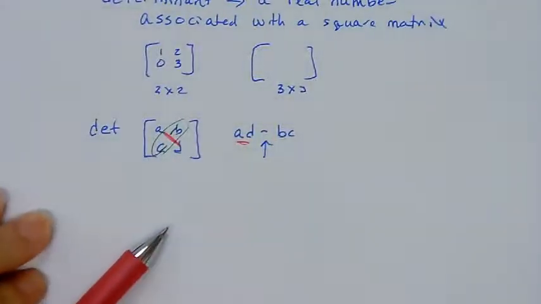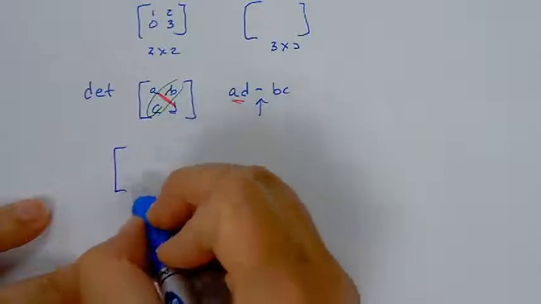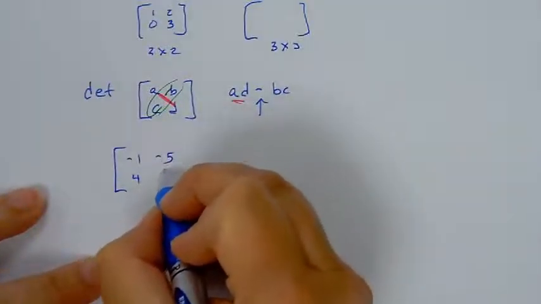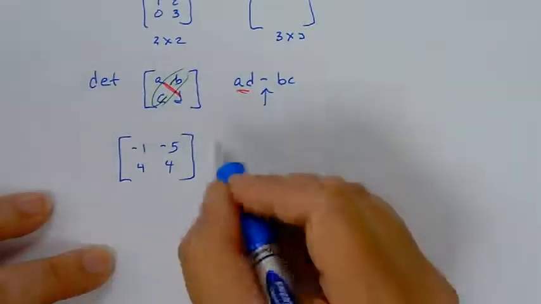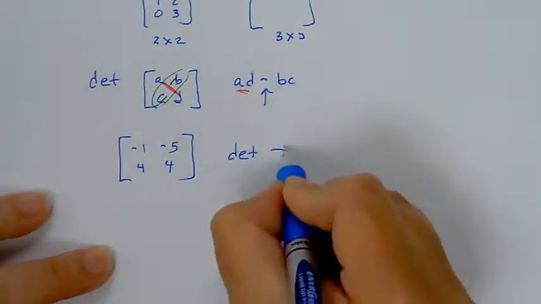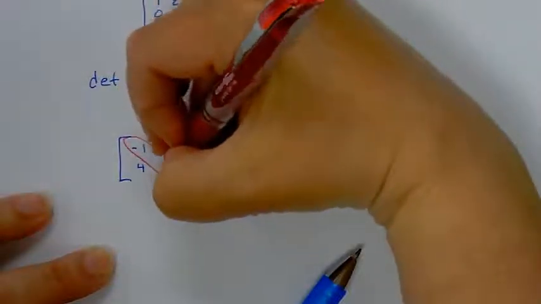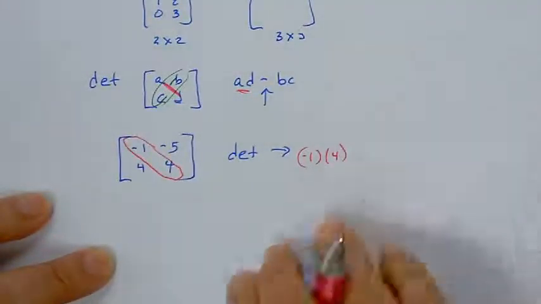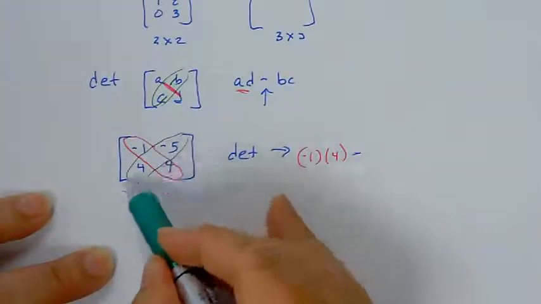So let's do this with some numbers. If I have the matrix -1, 4, -5, 4, and I want to find the determinant, I multiply these two numbers together, -1 times 4, and subtract these two numbers multiplied together.